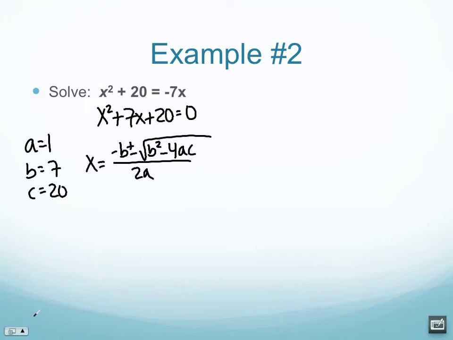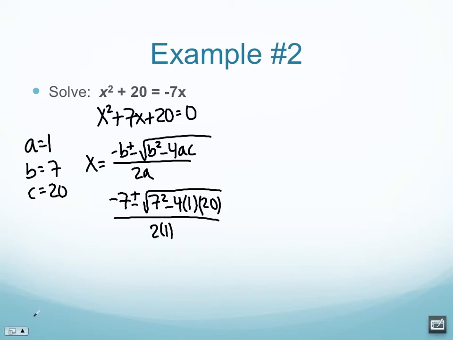And then we're going to start substituting. B is 7, so the opposite of b is negative 7, plus or minus the square root of 7 squared, subtract 4, a is 1, c is 20, and all over 2a.